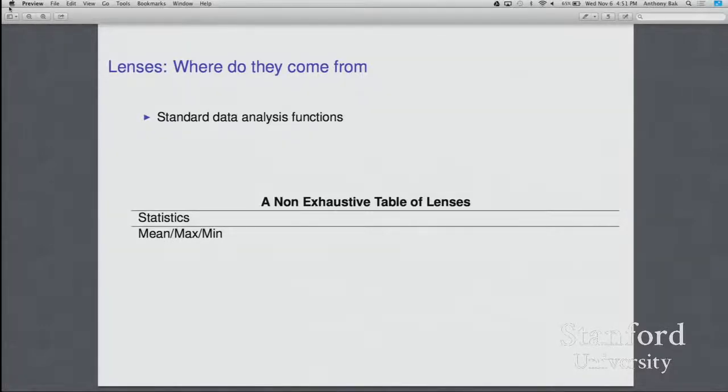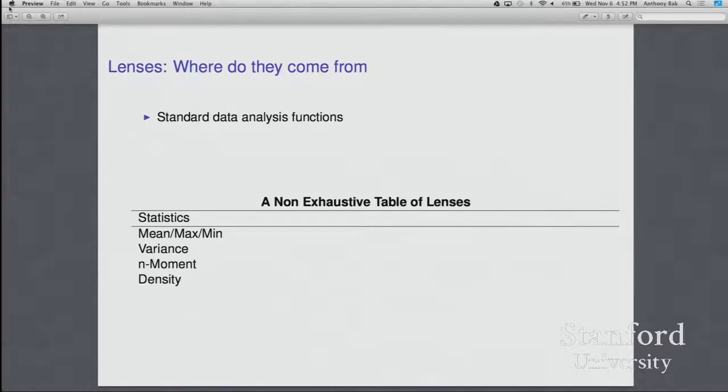So if I think of a point as being a row in a data matrix, I can take the mean of the values in that row, the max of the values in that row, right? Variance, nth moments. I can take the density using some kernel density estimator, right? The density is a value at a point, right? Anything that gives me a value at a point is a lens.